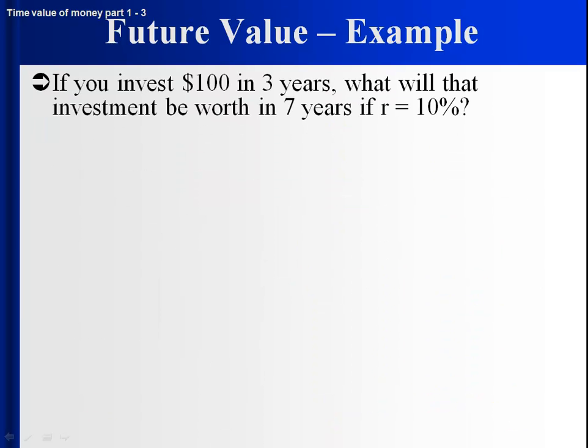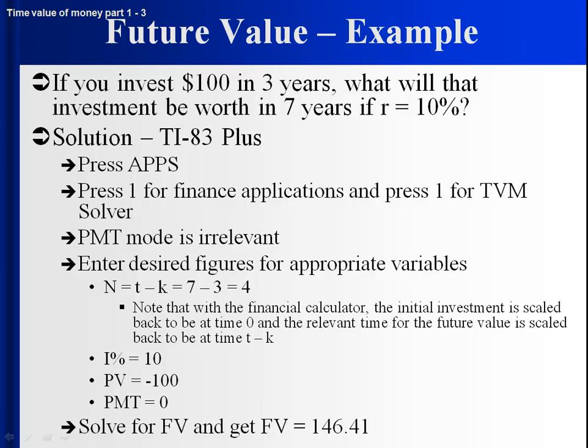If you want to do it in your financial calculator, hit apps, hit 1 and 1 to get into the TVM solver. Again, the modes are relevant. What's n? We want to know how much we'll have in 7 years from today. But as we've talked about, we're actually going to be investing in 3 years from today, so n is only going to be 4. It's the number of periods over which the money compounds.